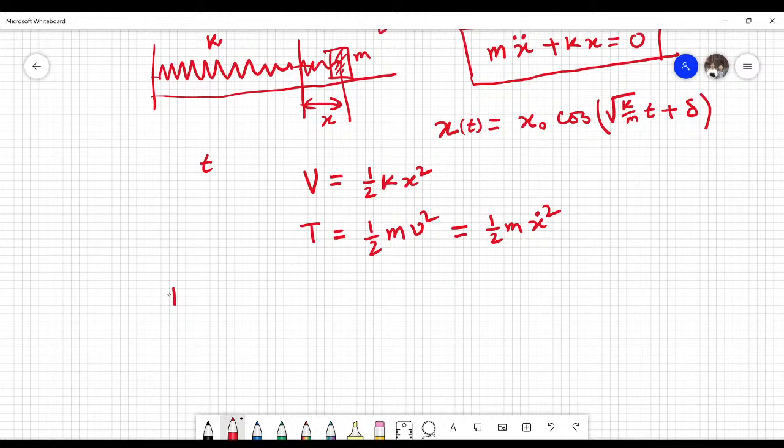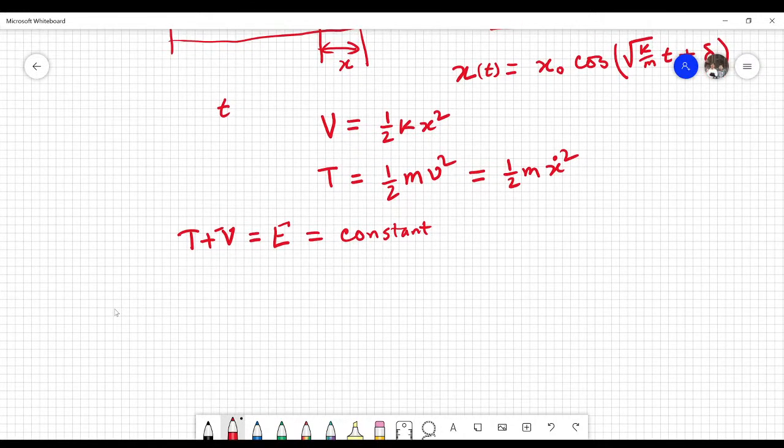Due to the conservation of energy, when you add the kinetic energy and the potential energy, T plus V would be a constant quantity, let's say E, due to the conservation of energy. So if your kinetic energy reduces, your potential energy increases, and vice versa. So we can analyze this motion this way as well. Let's write everything down explicitly.